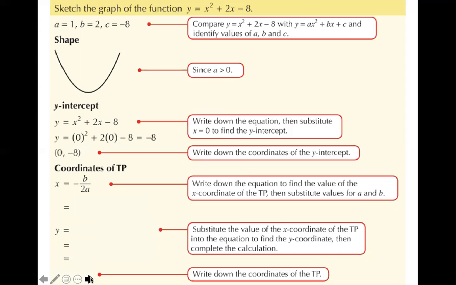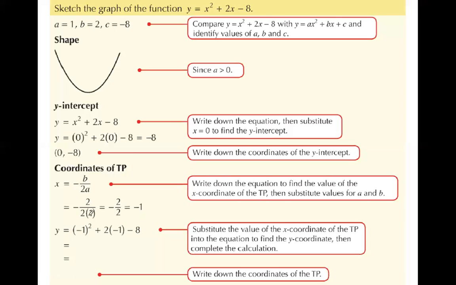To find the coordinate of the turning point, it's when all this is equal to its minimum. So minus b over 2a is the coordinate of the turning point. So b being 2, you substitute that.